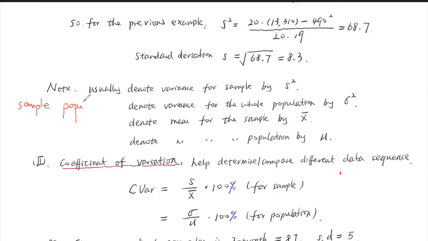Now, when we say the average for those two items, we use different notation. For the sample average, we use X bar. Sometimes I write a small x with a bar, or sometimes I don't write the x, that's okay.